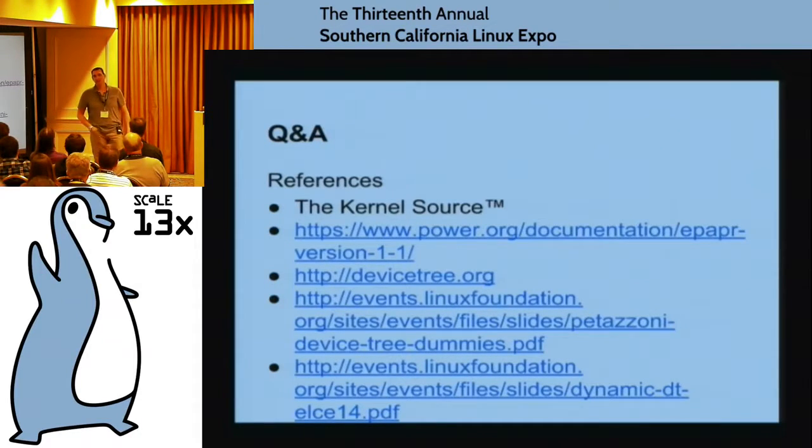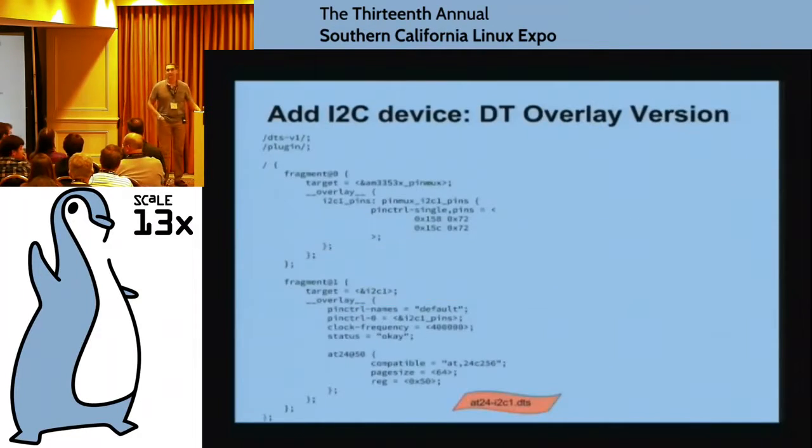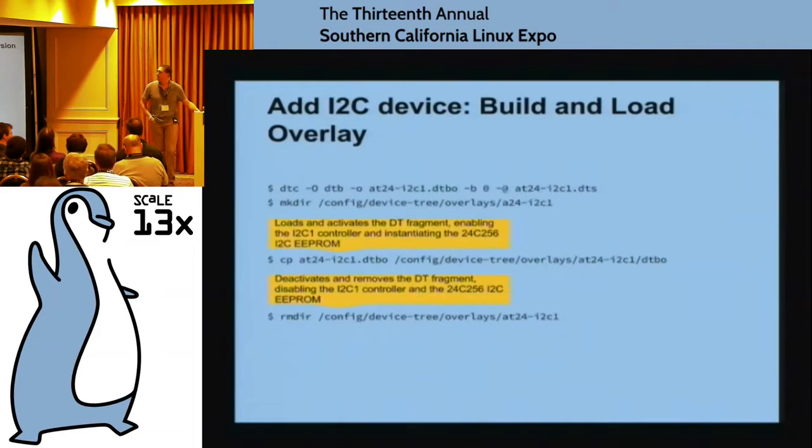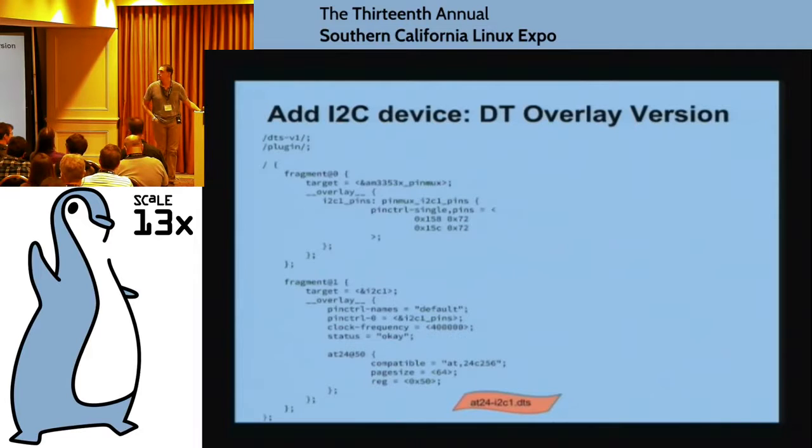Yes. So you showed an example where you had a DTO overlay that was dynamically loaded, and your I2C section was shown as an overlay. But if it didn't exist in the original DTS, would you still say overlay there? Yeah, you can actually overlay a whole controller node.